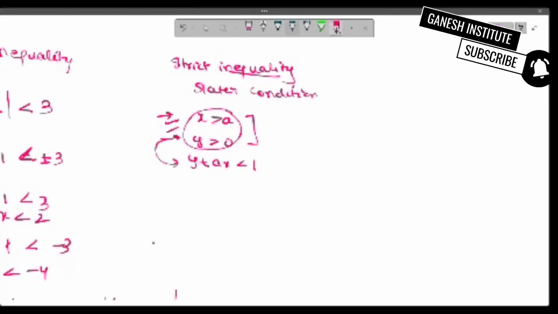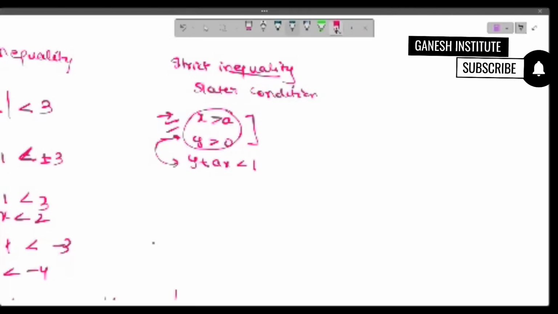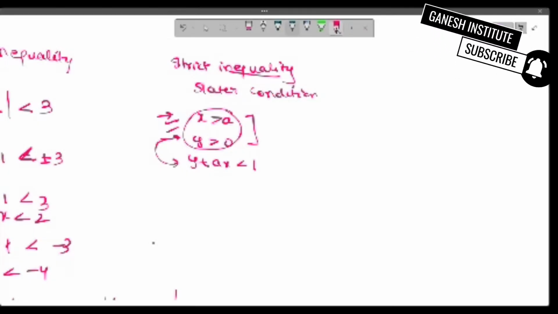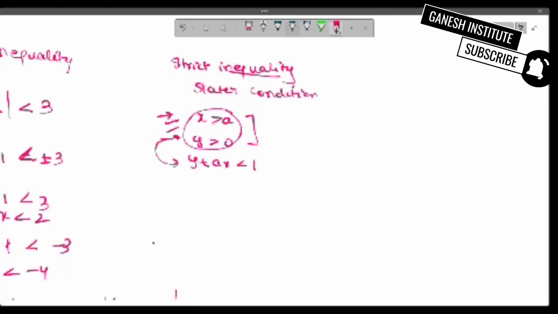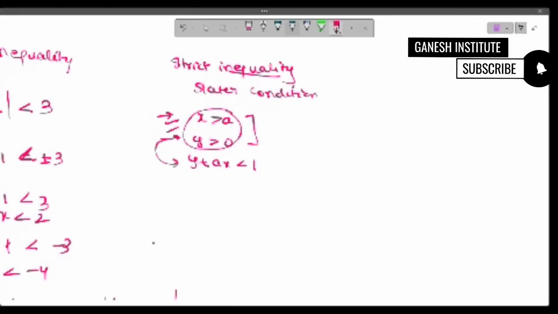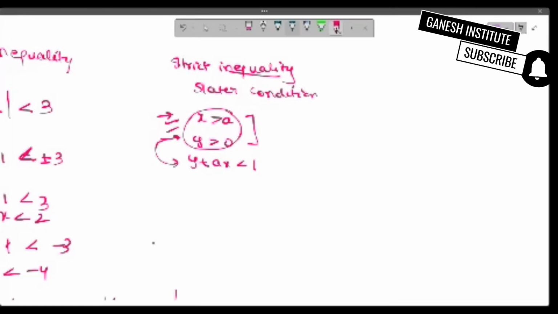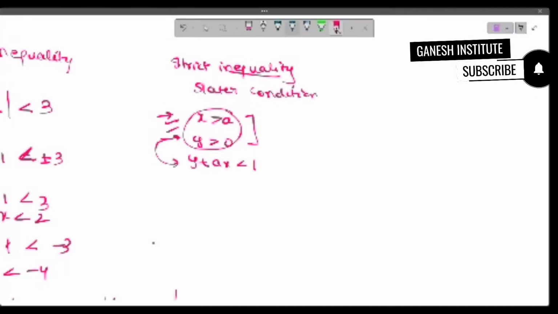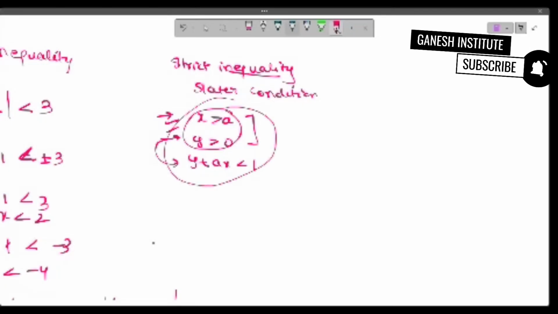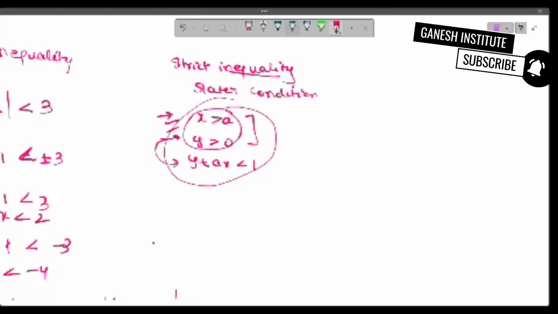We are asked whether Slater condition is satisfied or not. That is, without including a, without including 0, without including 1, are these being followed or not? Ma'am, what is being followed? The conditions are applying here or not.